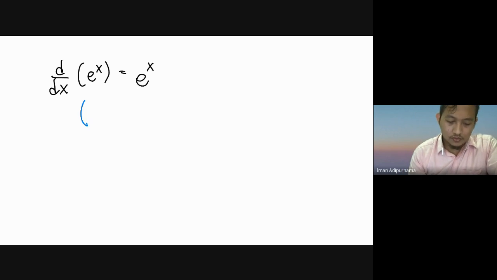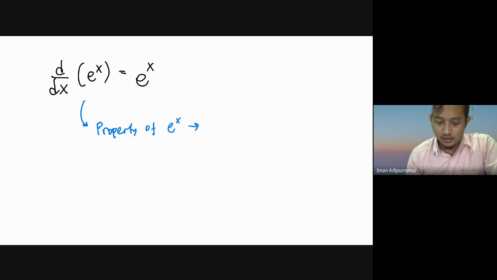So the property of e to the x is that it is its own derivative.